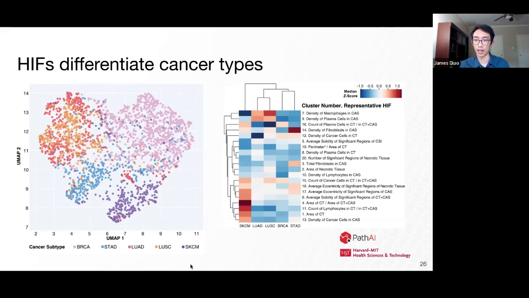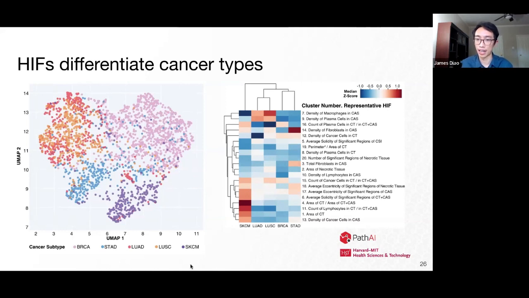For example, if you have number of plasma cells and density of plasma cells and ratio of plasma cells to cancer cells, they're all going to be highly associated. So we cluster them just to be able to summarize them without 607 rows. Then we pick a representative HIF from that list, the one that seemed to be the easiest to understand, that seemed to be most similar to all the others.